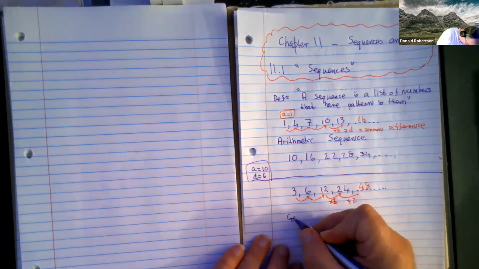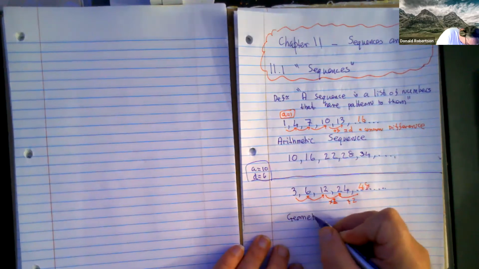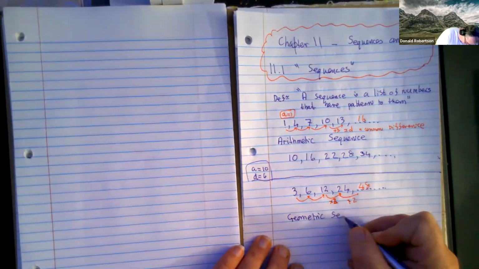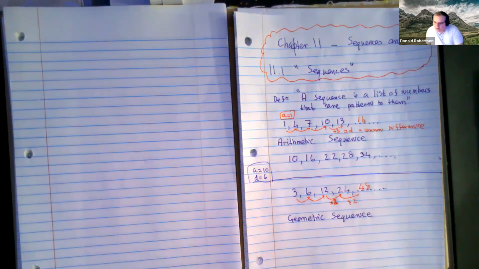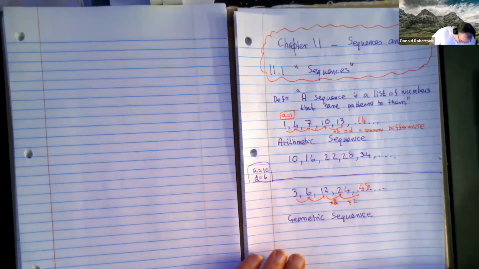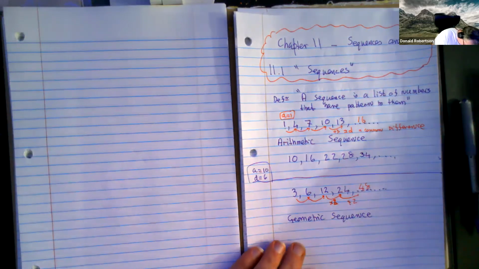These are called a geometric sequence. So if you start with a number, could be any number, but once you've got that starting number, you then multiply by the same amount. Multiply by 2 forever. You call that a geometric sequence.